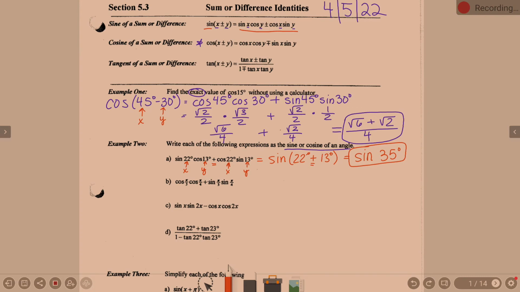Okay, try B. Cosine of pi over 3 times cosine of pi over 4 plus sine of pi over 3 times sine of pi over 4. What are your thoughts on this one? If it's cosine cosine plus sine sine, automatically what does that tell you?